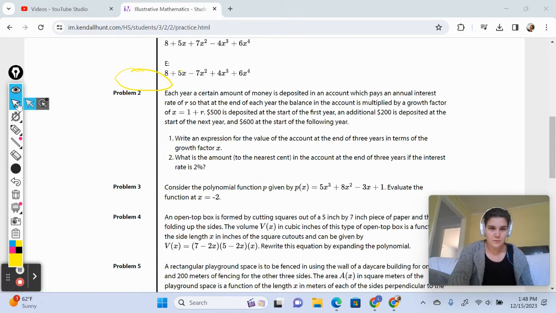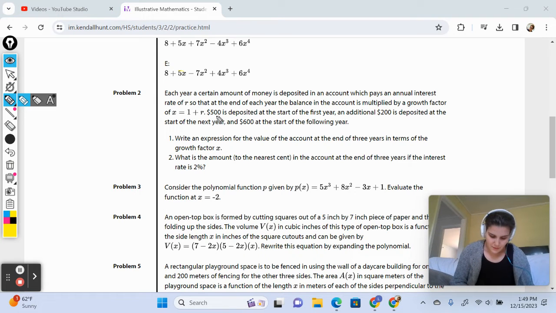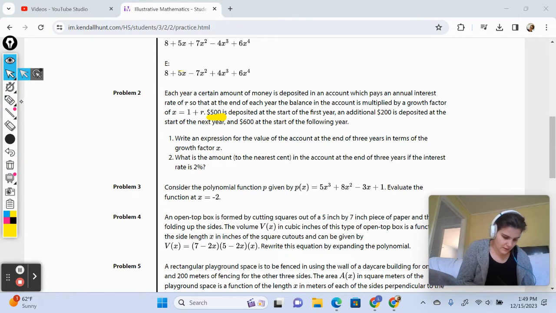We want to write an expression of the growth factor at the end of the 3 years. So we need to make sure that we're thinking about each piece of this equation. So for $500 is deposited the first year. So let's write our function over here.